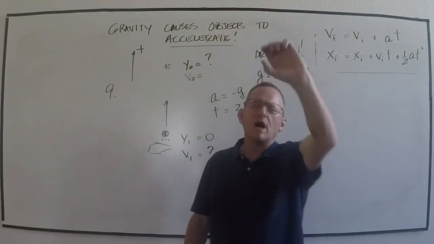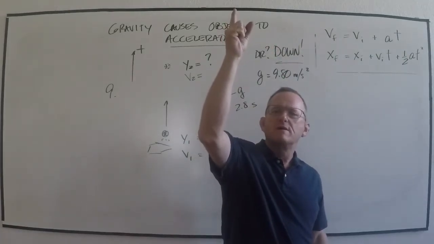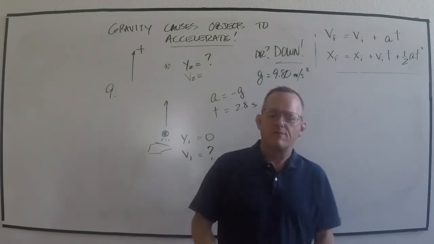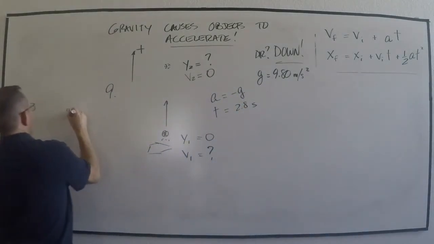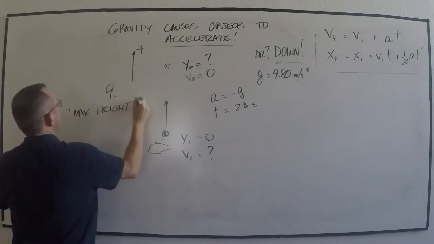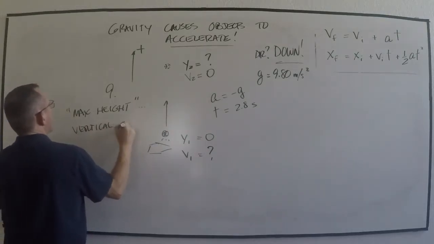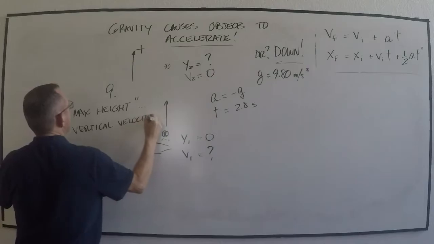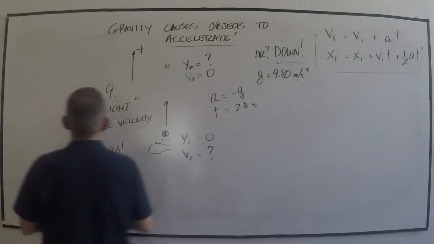And what does the velocity have to be in between? When it finishes with its positive, but just before it goes negative, when it reaches maximum height, the vertical velocity is 0.